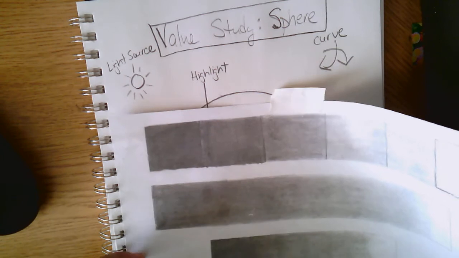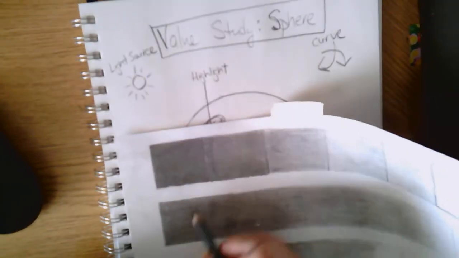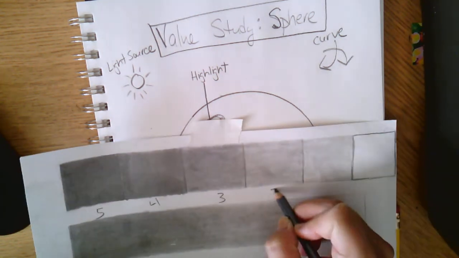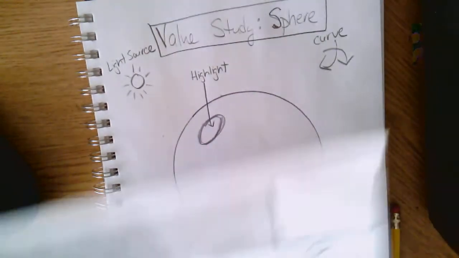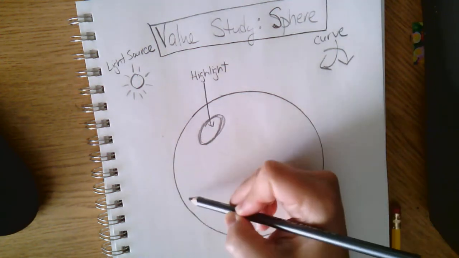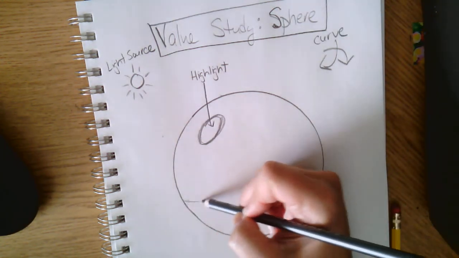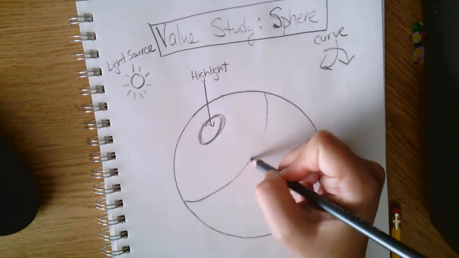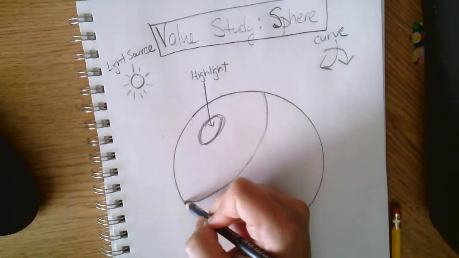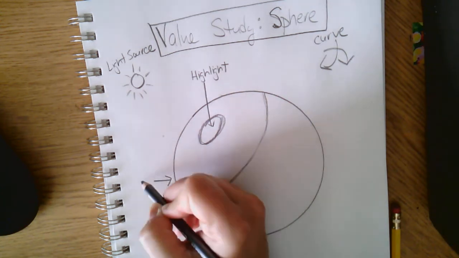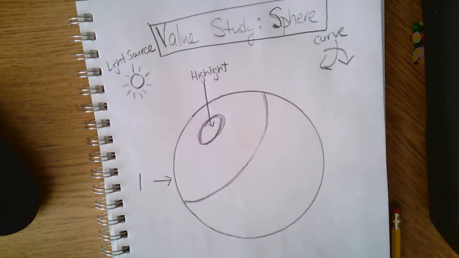So remember when we did our value scales last time, and I had you number them 5, 4, 3, 2, 1, and 0. We're going to use this to help us match up. And I'm going to number each little section for you. Alright, so let's draw a curve here. This makes me think of the Death Star. So this is going to be our 1 value.